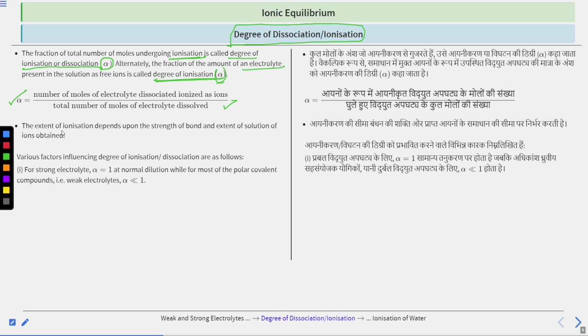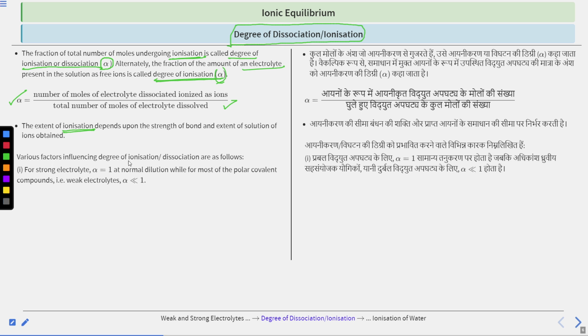So how much ionization is happening depends upon the bond strength of the molecule that is undergoing dissociation, and the extent of solvation of the ions obtained after dissolution. They are the factors on which the extent of ionization depends.